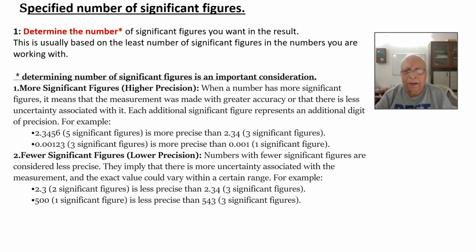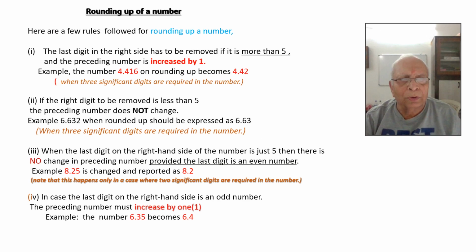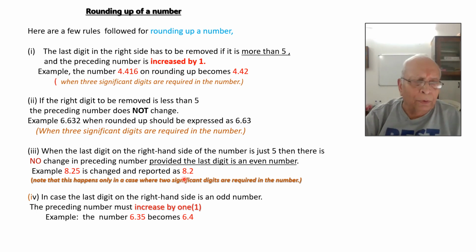And again, here there is a practice about rounding up of the number. The same rules are being followed. You may go through it. 4.416 becomes 4.42, and 8.25 remains 8.25. But you have to apply your own discretion.